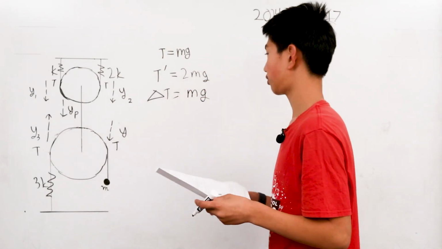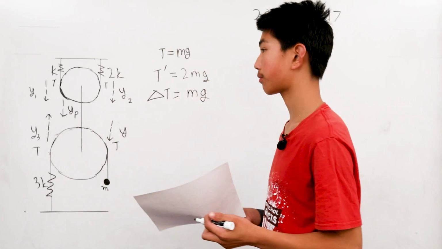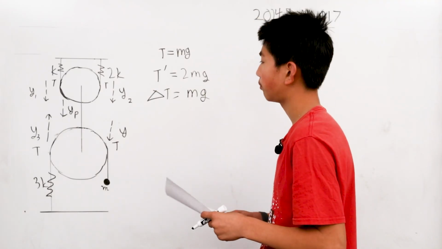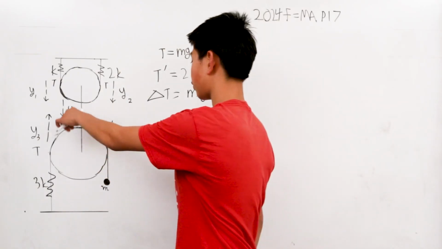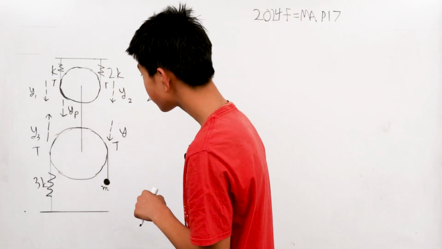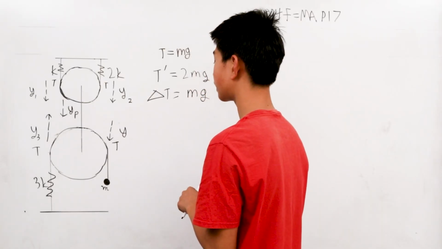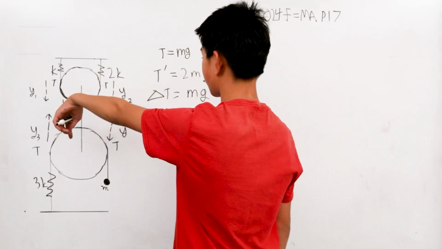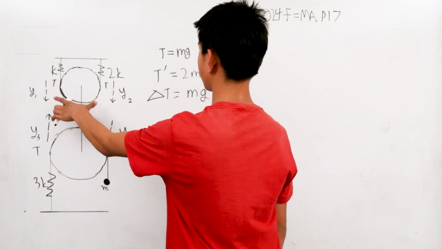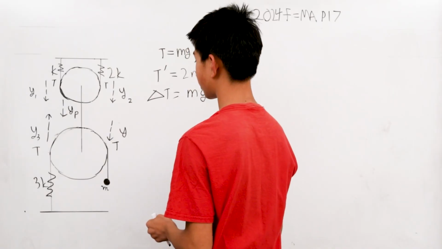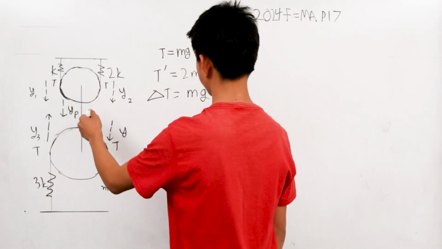Now, here we can use conservation of springs, where we notice that there's this y sub p force just moving down, and this magnitude is moving down. How much? There's going to be 2 of those on each side, and so when you add those up, that's 2yp.